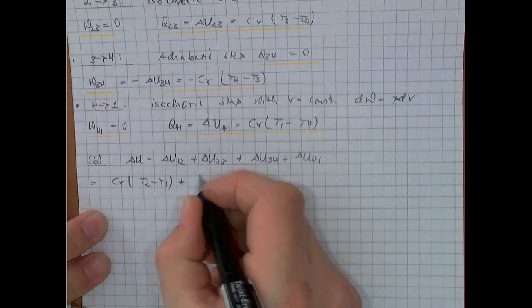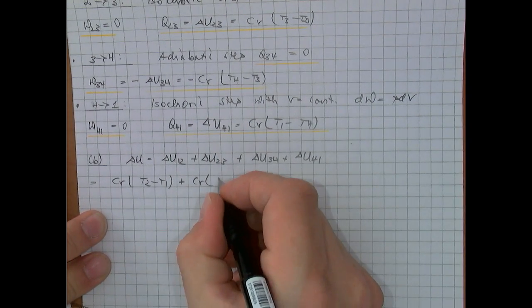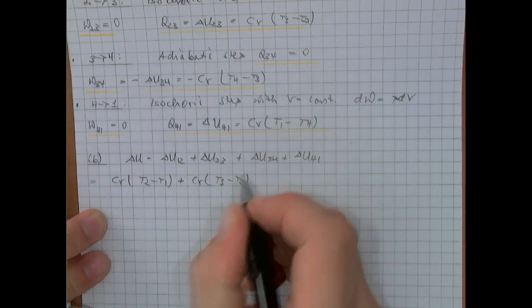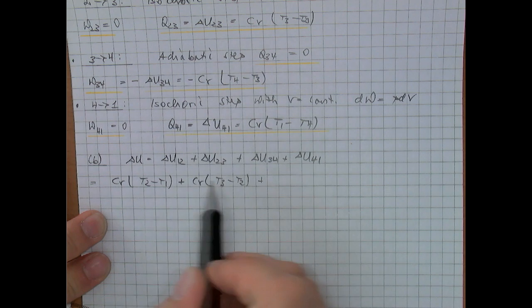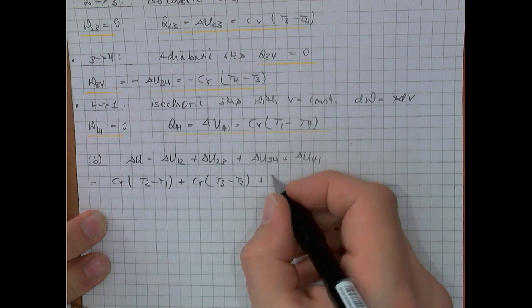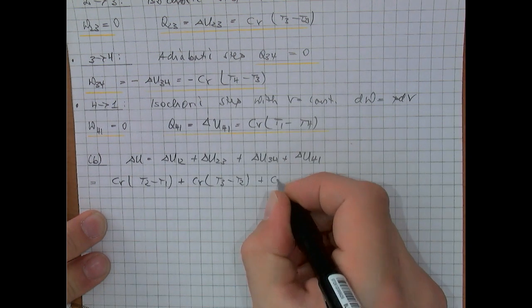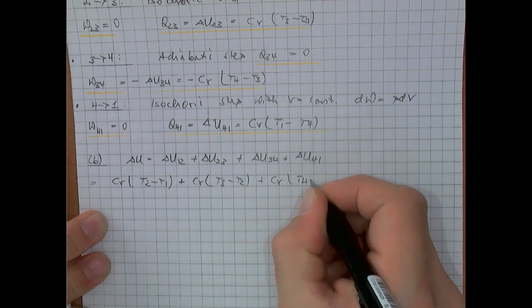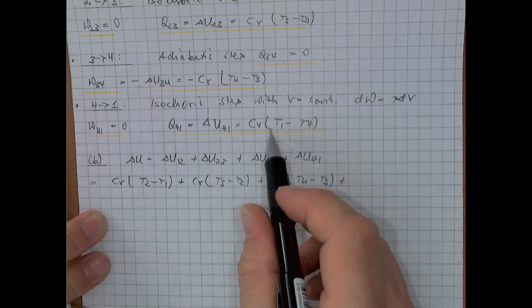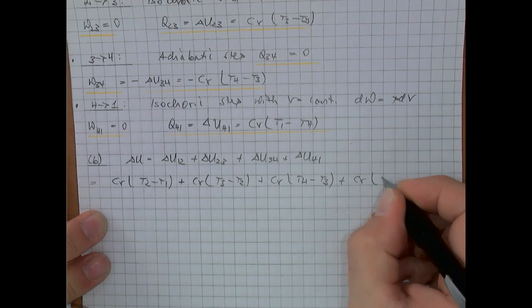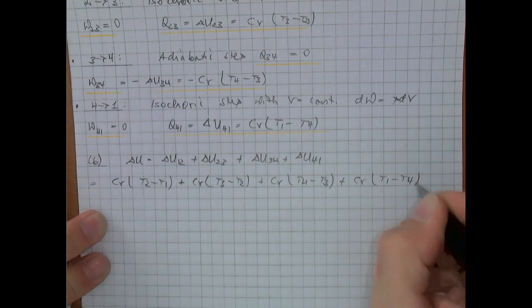This is now plus Cv times (T3 minus T2). Plus now delta U34, the same argument, so it's Cv times (T4 minus T3). And last but not least, plus Cv times (T1 minus T4).